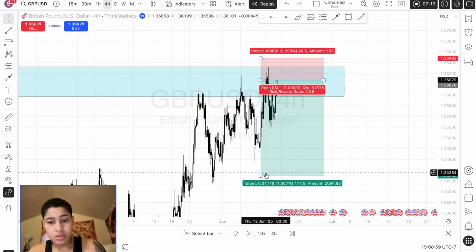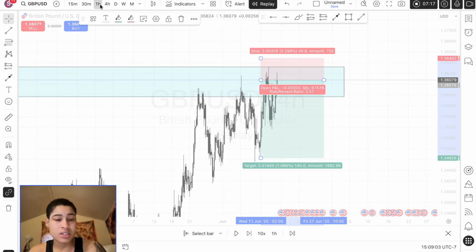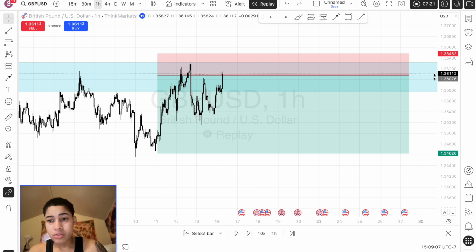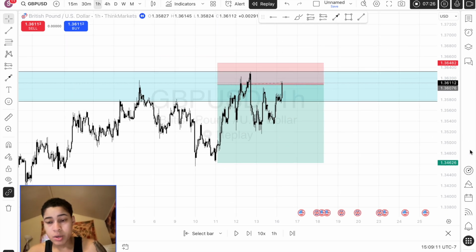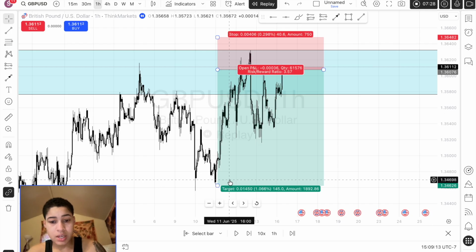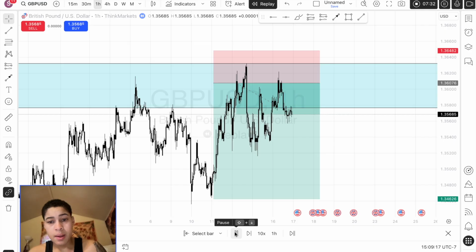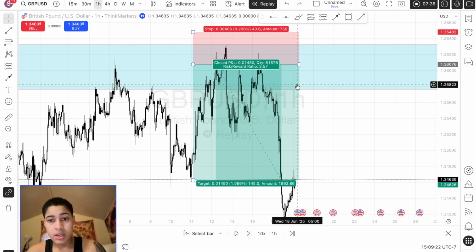And we're going to take it to the next level. This is actually very choppy right now. I don't think I would even take this in real life, but we was already on this pair. So, yeah, we'll take it to that level, 145 pips. All right, let's see where it goes. Boom, we won. All right.